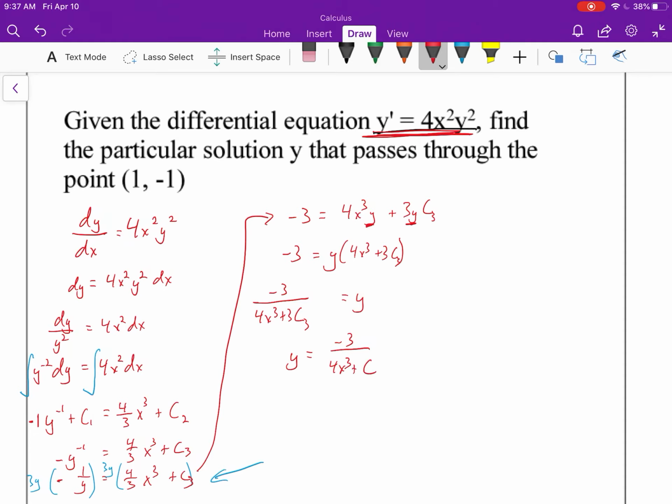So there's a general solution, but we want to find when it passes through the point (1, negative 1), so we need to find the correct c value. We plug in negative 1 for y, equals negative 3 over 4, with positive 1 for x, and then we solve for c.